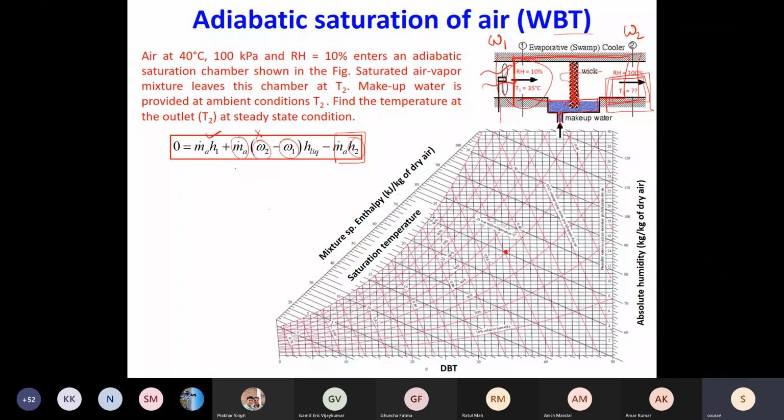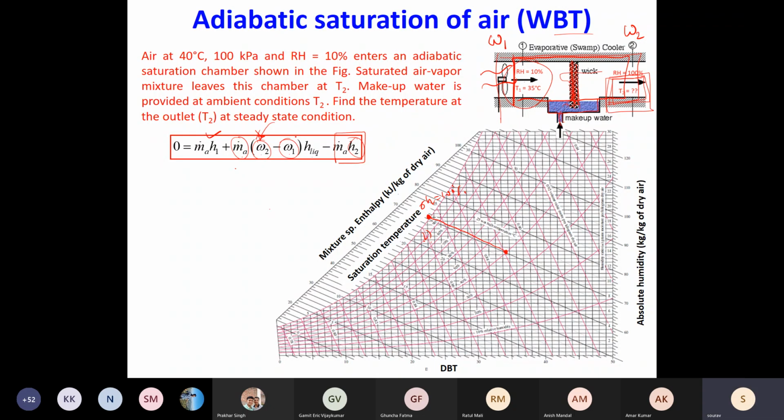Okay, all you know is at the exit RH equals 100%. You do not know this temperature if you look at this expression. But this expression is just a function of temperature only, because if you know the temperature, you know RH at the exit is 100%. You can then get to know omega 2 and you will also get to know h2.